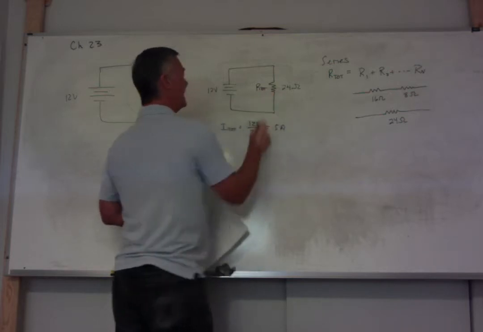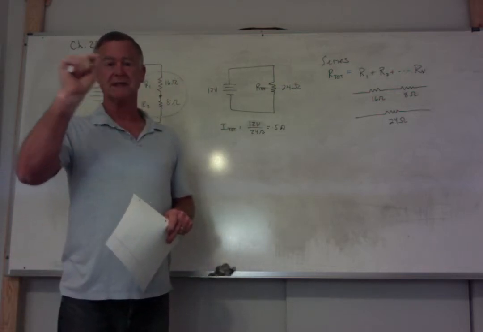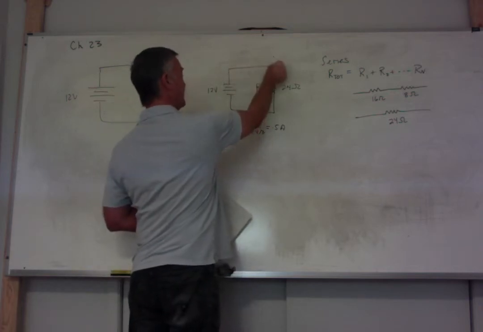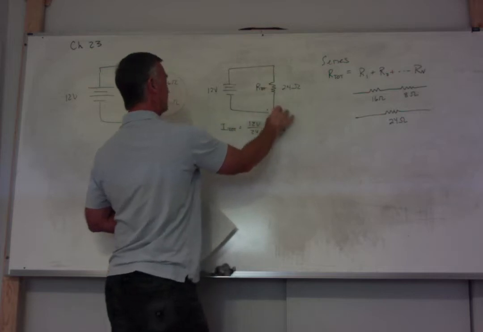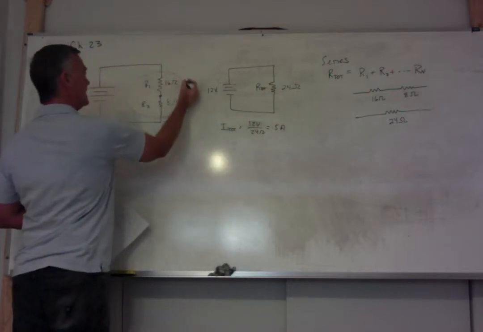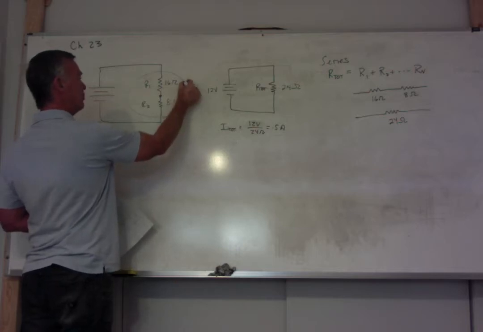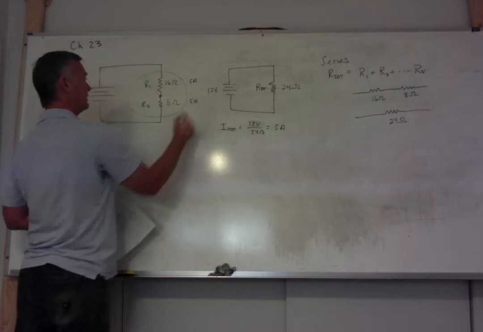In other words, if we think of this like a river and water, electricity is like the current flowing, it's as if we have 0.5 amps flowing through the entire thing, which means that over here, each one of these resistors has to have 0.5 amps flowing through it. 0.5 amps, 0.5 amps.